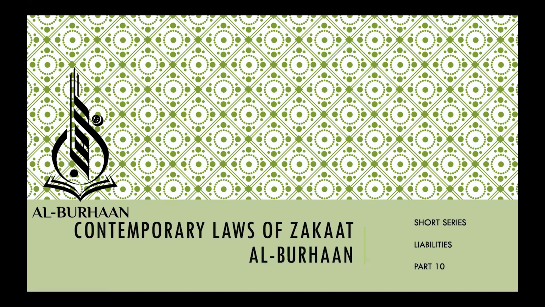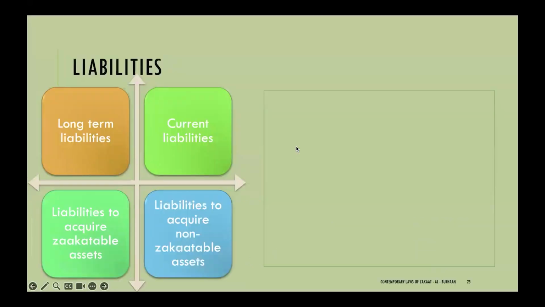Assalamu alaikum wa rahmatullahi wa barakatuh, and welcome to part 10 of the short series on contemporary laws related to zakat. Today we will be discussing liabilities that can be deducted from one's assets when calculating the annual zakat liability that is due. Now, some of these are fairly complicated. Some of the issues related to these are intricate.